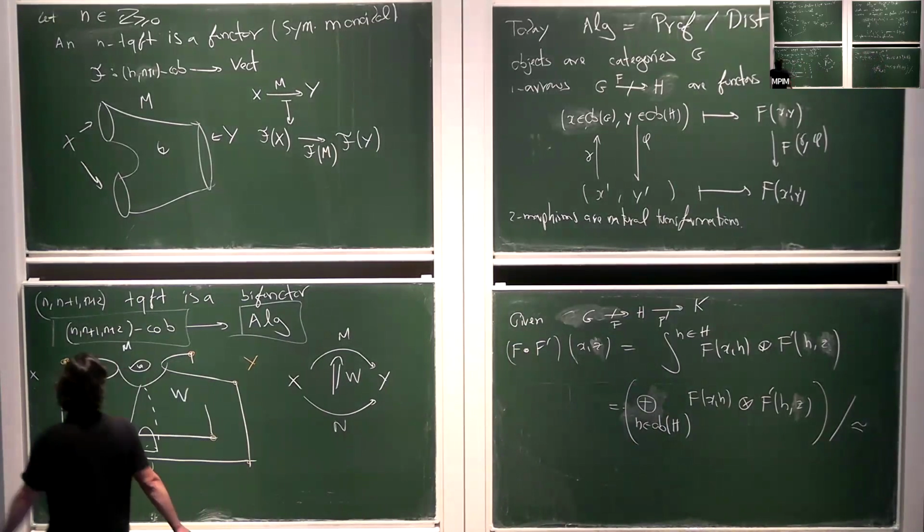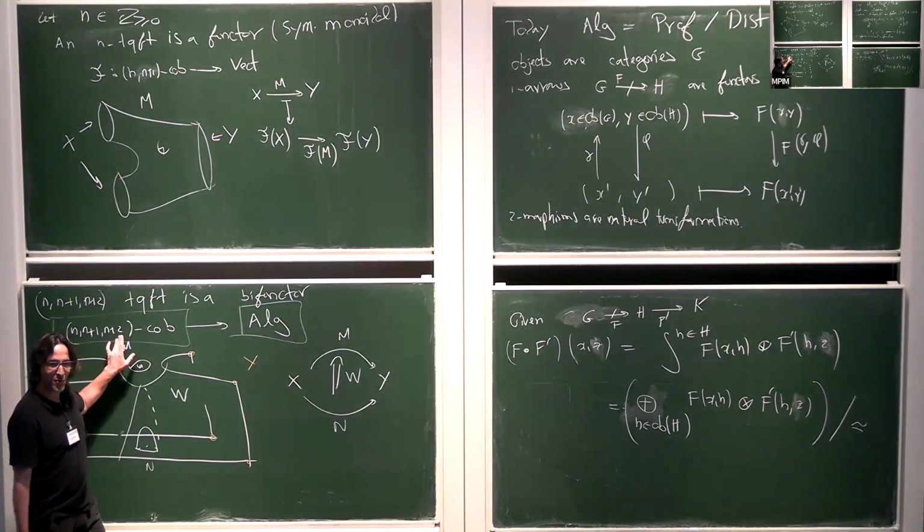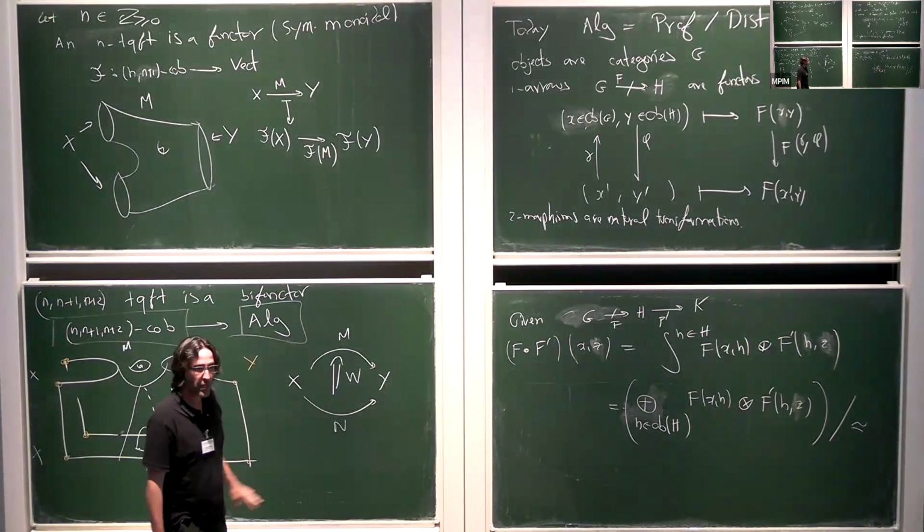Right, so where was I today? Yes, so I would like today to speak about extended, so n plus 1, n plus 2 TQFTs, also called once-extended TQFTs, from the bicategory of n-dimensional manifolds, n plus 1 dimensional cobordisms, n plus 2 extended cobordisms to this profunctor bicategory.